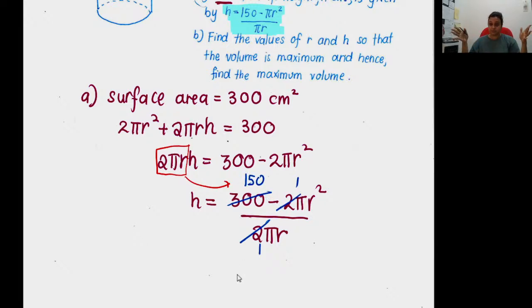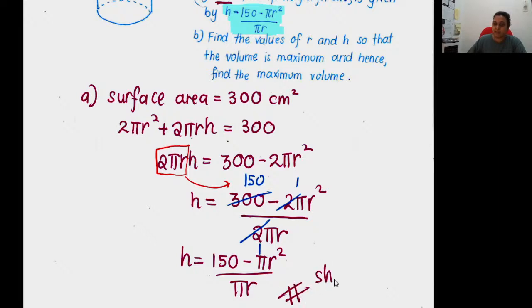You can cut for both because the 2 belongs to both of them. So here now our h will be 150 minus pi r square over pi r. Therefore, you have shown that the h is equal to this.